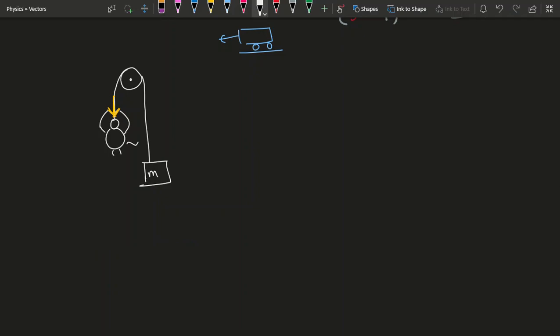However, things in which not only the magnitude of a physical quantity suffices for your description of that quantity, you also need a direction. Those quantities are known as vectors.